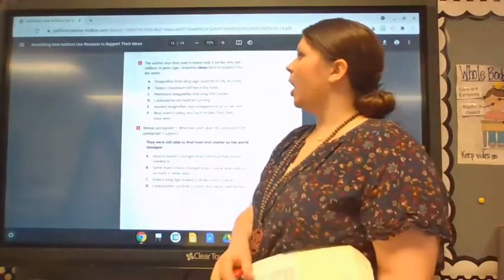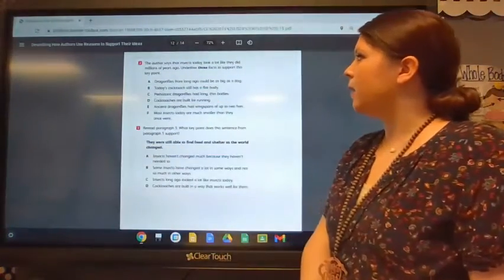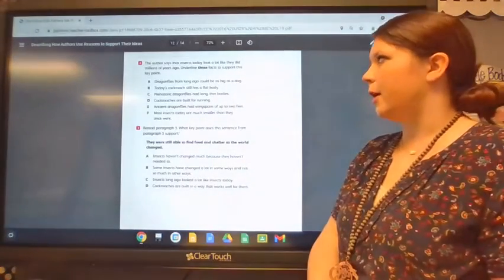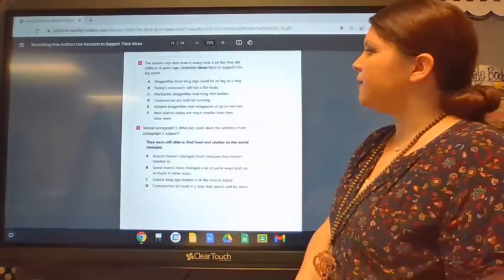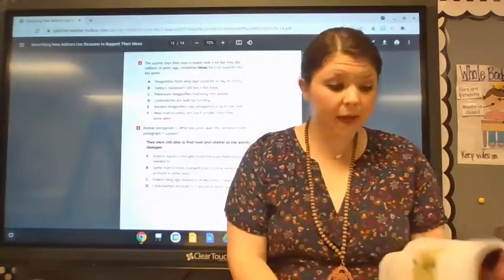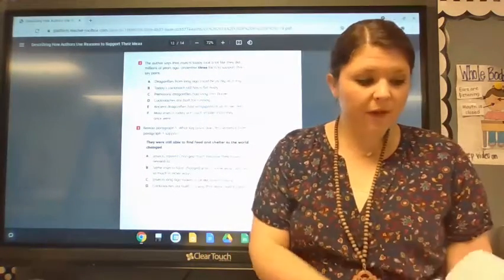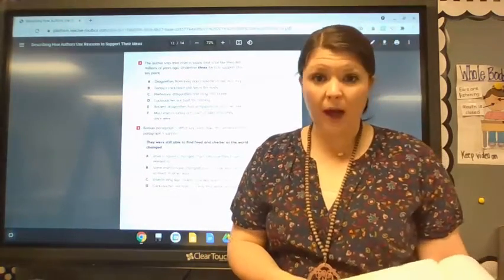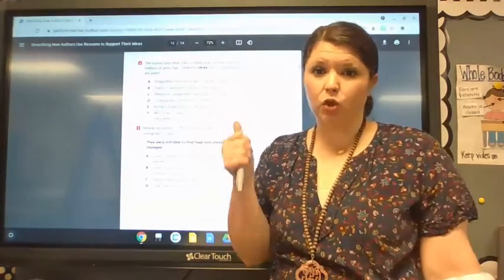Number 2. The author says that insects today look a lot like they did millions of years ago. Underline 3 facts to support this key point. So here they are giving us the key point, and we have to find the reasons why this key point is true.